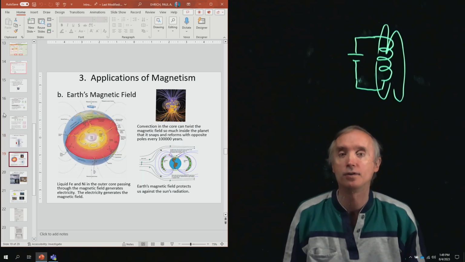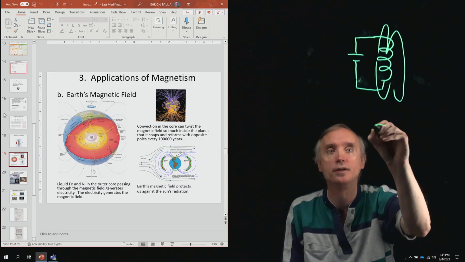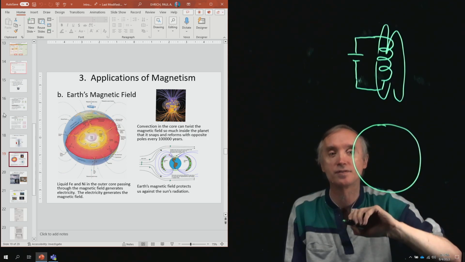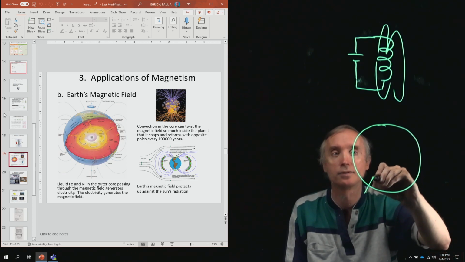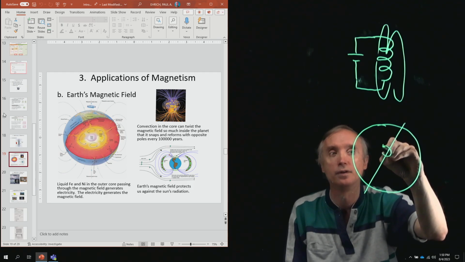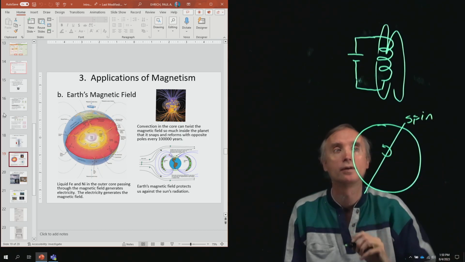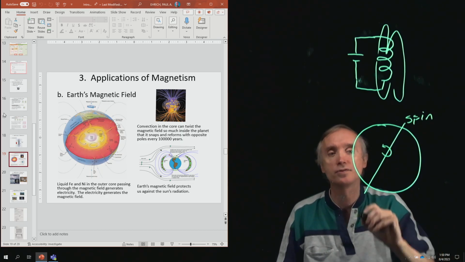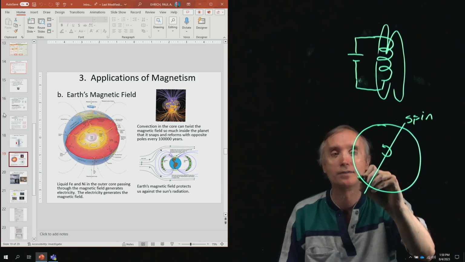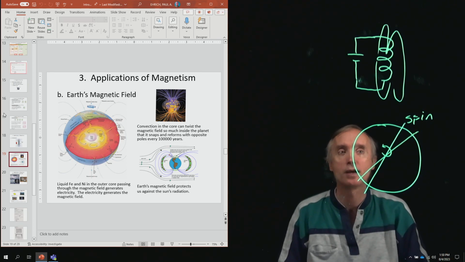Now let's talk about the Earth's magnetic field. If we draw a picture of the Earth, first of all, the Earth has a spin axis, the axis that the Earth is spinning around. And then it also has a magnetic axis, which is tilted with respect to this.